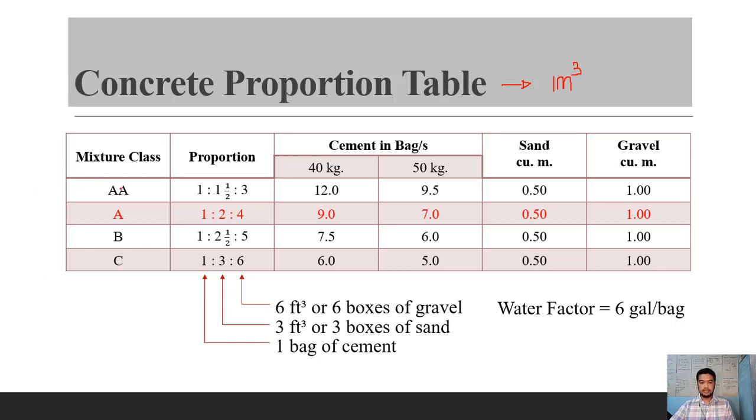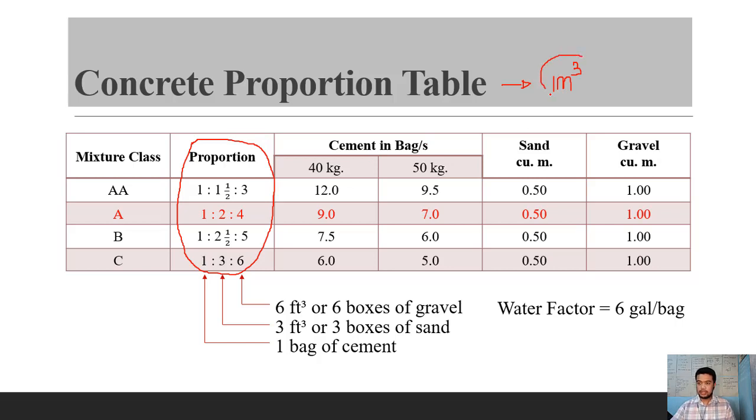So class AA, the strongest, and this one will have the least strength. You can also use this proportion right here, but I will explain that later. This will be the more important one compared to this one. So let me try to explain this.